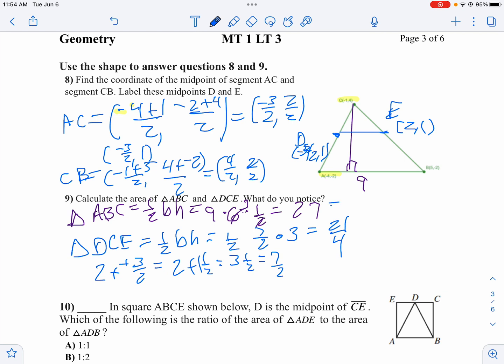Except let's write 27 with a denominator of 4. So I take 27 times 4. 27 times 2 is 54, so I get 108. Notice this is 4 times as big. There you have it. It's not half, it's 4.